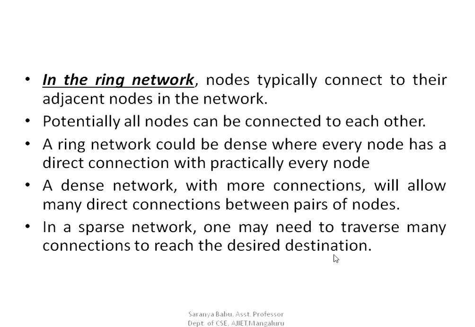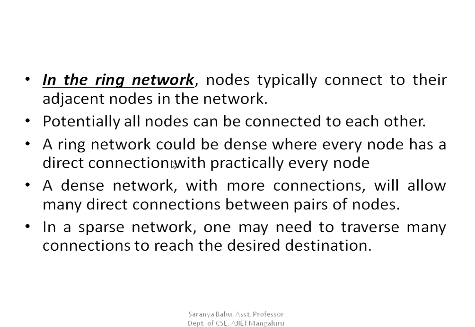So what all have we learned in ring network? These are the two types: one is ring network and one is hub-spoke. In a ring network, nodes typically connect to their adjacent nodes. Typically one node gets connected to its adjacent nodes, but potentially all nodes can be connected to each other.